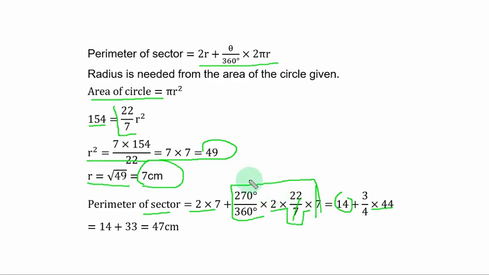Then if you divide through by 90, you have 3 over 4, and that is 14 plus 33. You divide 44 by 4, you have 11, times 3 is 33. You add it to 14 and that is 47 centimeters as the perimeter of the third sector.